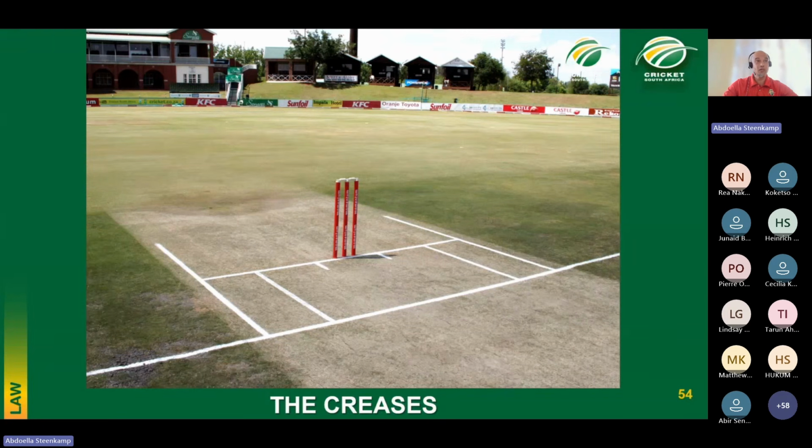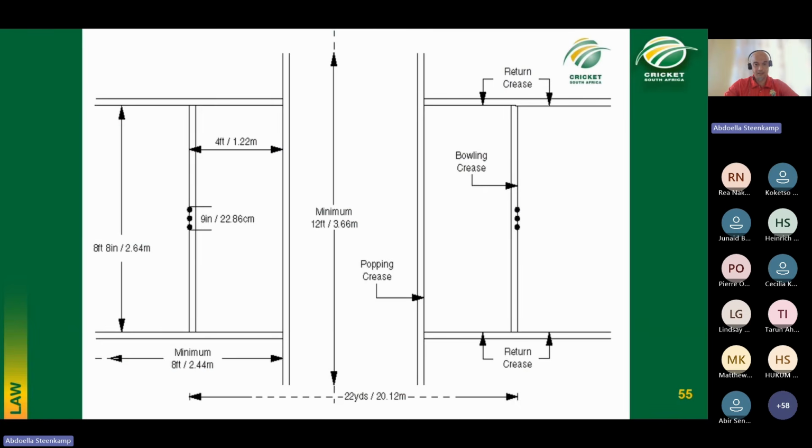What do we need to do as umpires? We need to protect that area. How do you protect it? We'll go into much detail for those of you doing level 2 and level 3. I spent a bit of time on these creases because, as I said to you, they are 10 marks in the exam, their names and their measurements.